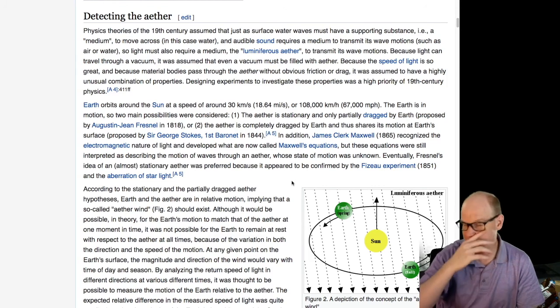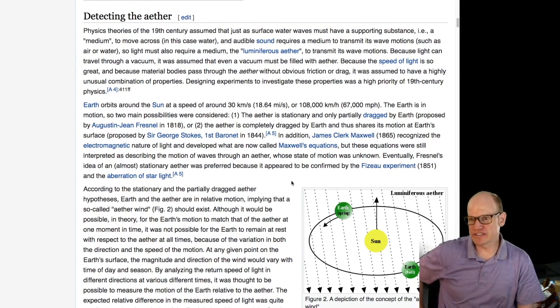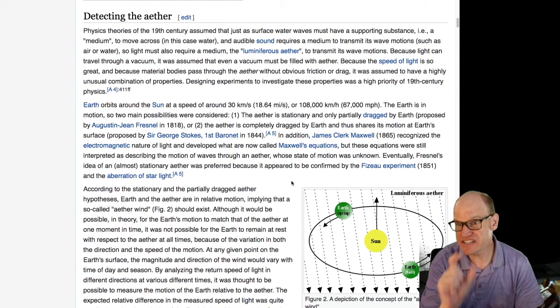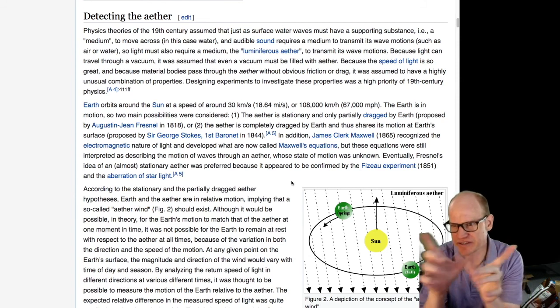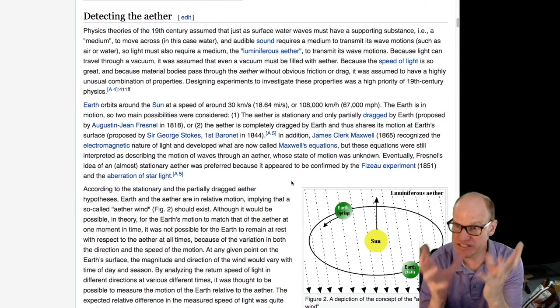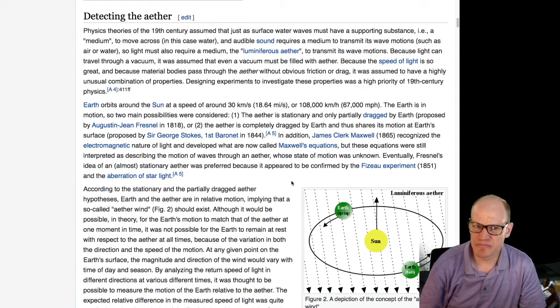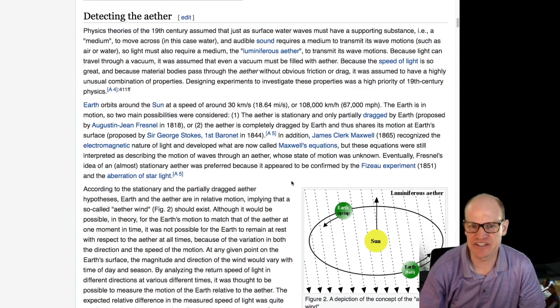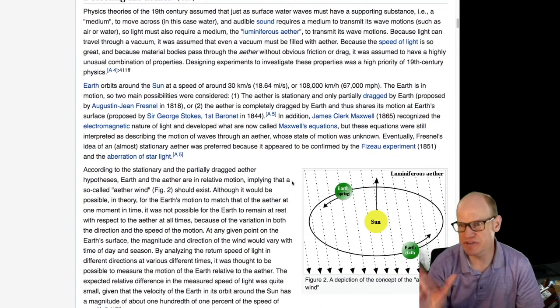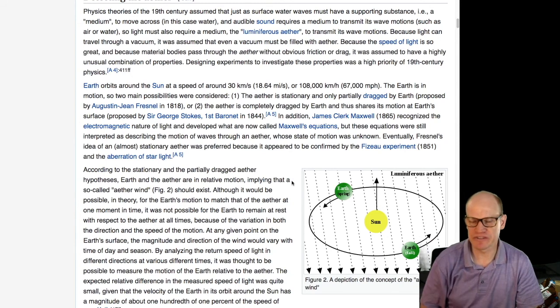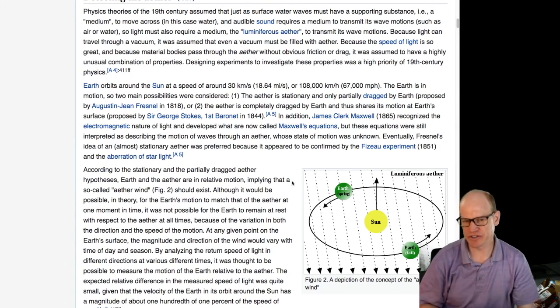And these experiments have been done going forward since that time, because if you were to see a difference in the speed of light from 2 different directions, if you were to see an ether wind of any kind, then it would be a problem for special relativity. It would be a chink in the armor of Einstein saying the speed of light is constant in any reference frame. Instead, the speed of light changes depending upon your reference frame.